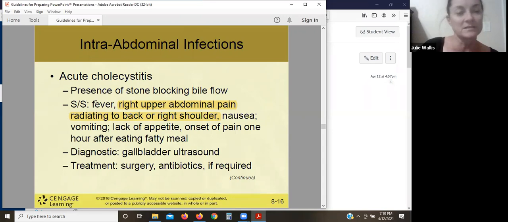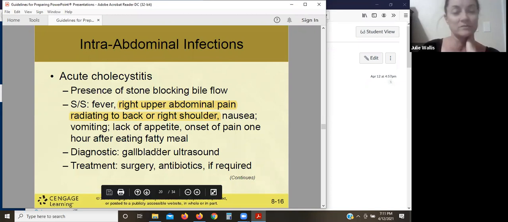So this one has signs and symptoms of fever, right upper abdominal pain radiating to the back or right shoulder. So again, kind of specific as far as where it originates and where it radiates to. Can also have nausea, vomiting, lack of appetite, onset of pain 1 hour after eating a fatty meal, which makes sense, right? Diagnostic: gallbladder ultrasound.